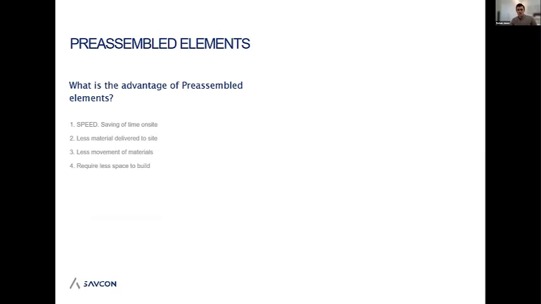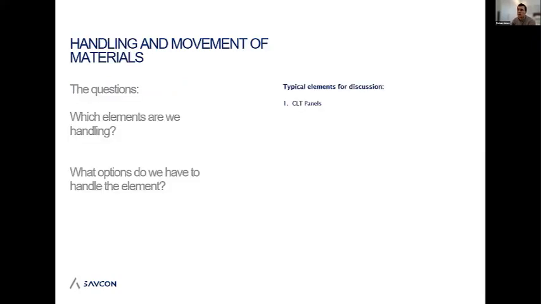Less movement means less damage, less repairs, and less space required. If we need to double handle these and put them onto trestles, we obviously need more space on site, and sometimes space on site is limited. So by taking all that work off site into a factory, we can install from the back of a truck and require less space on site.